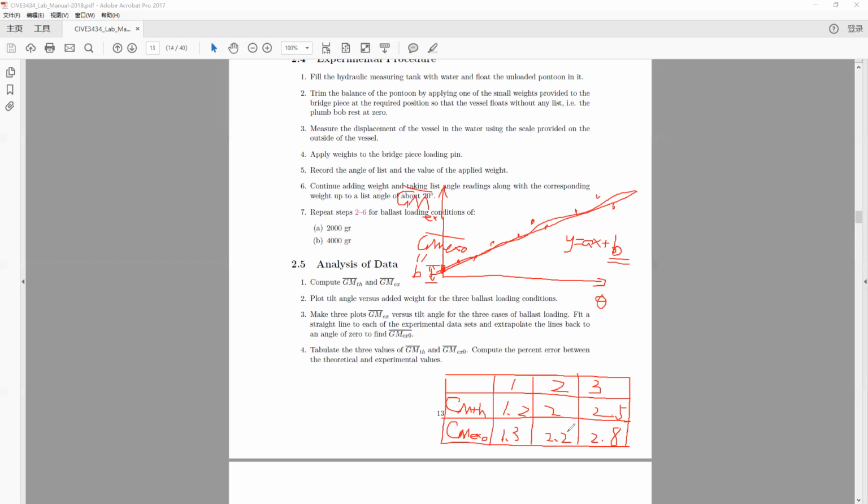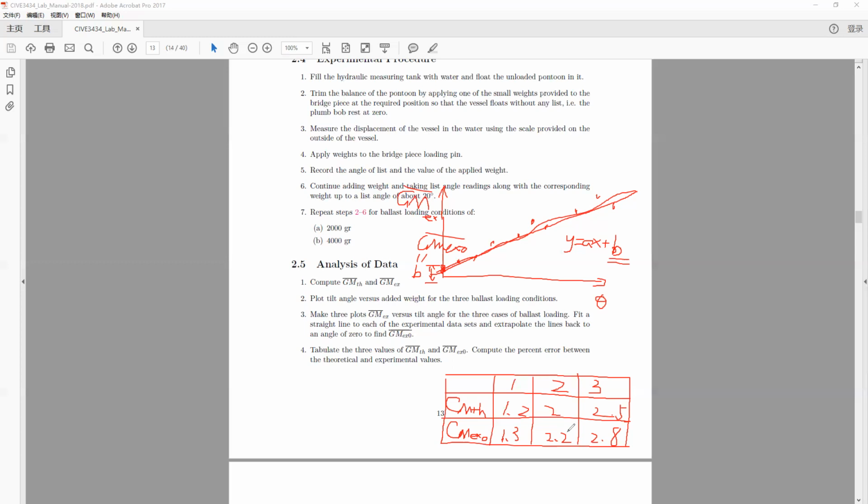The common problem could be the EG value, if you're getting it correct. That's one thing I'm thinking of. Or the unit conversion or something else could cause the difference between GM theoretical and GM experimental.